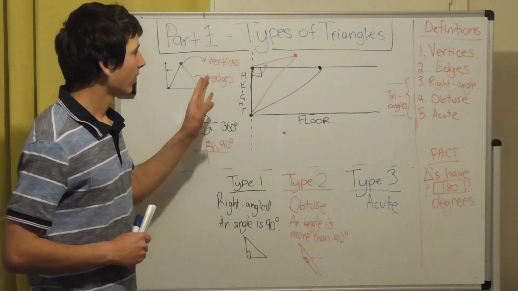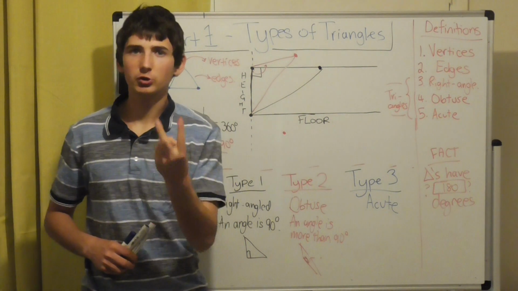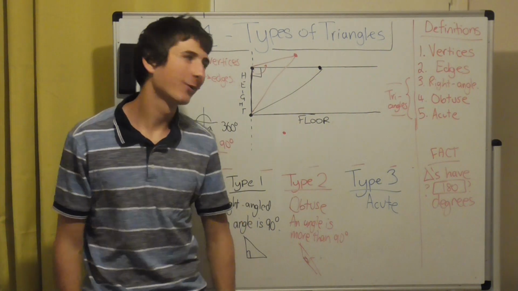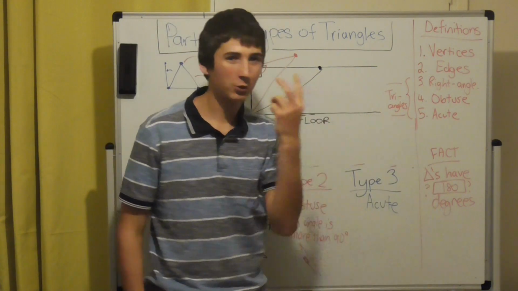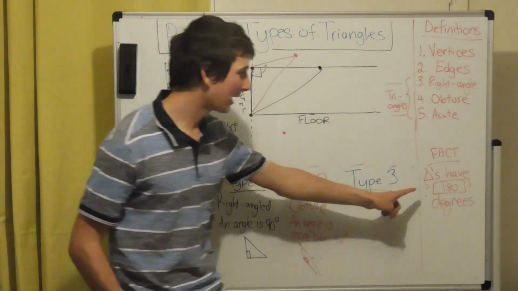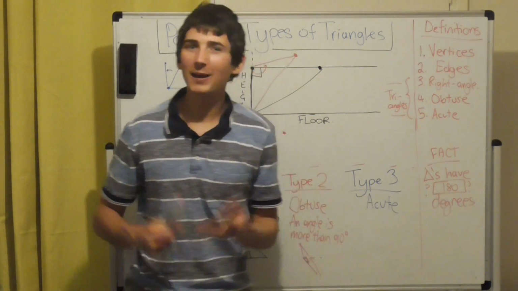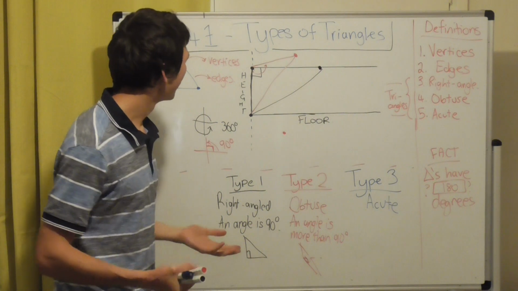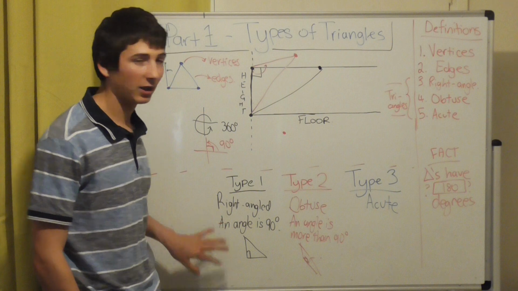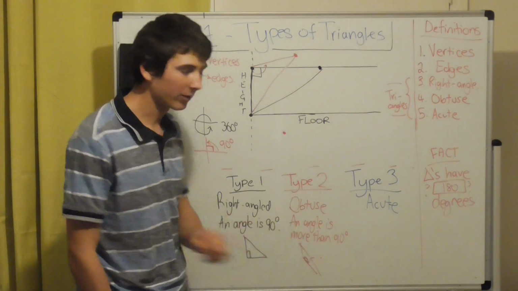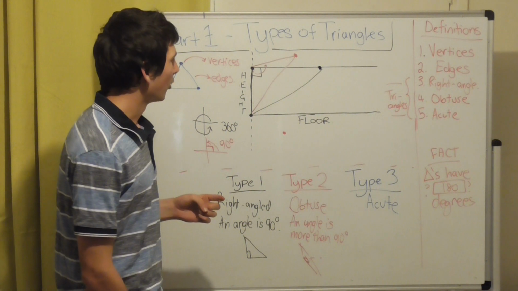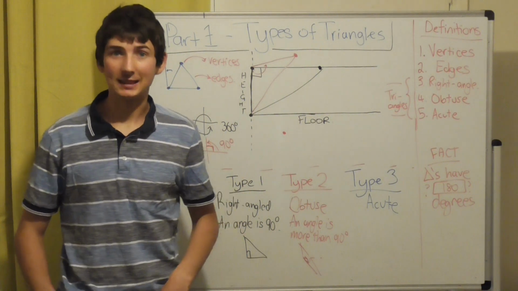Now, can you have a triangle that has two angles that are more than 90 degrees? Well, no, because if two of the angles are more than 90 degrees, then I've gone over my 180 degree limit. So that can't happen. Alright? So either my triangle has 90 degrees, it has more than 90 degrees, one of them, or all of the angles are less than 90 degrees.